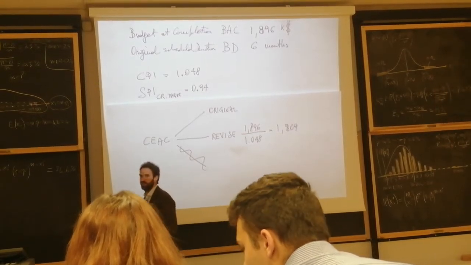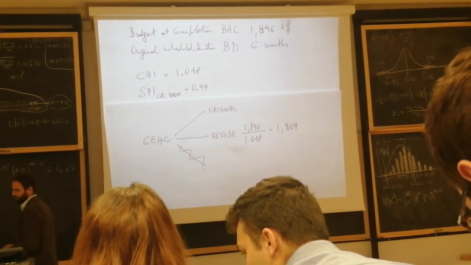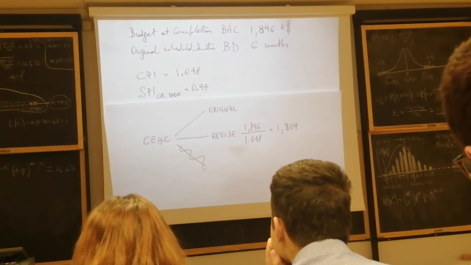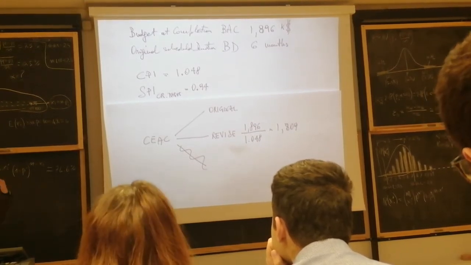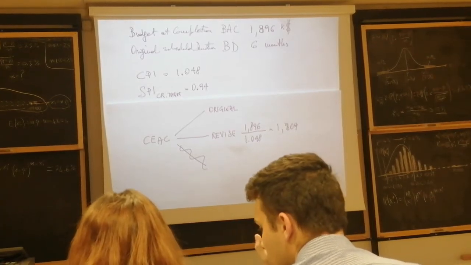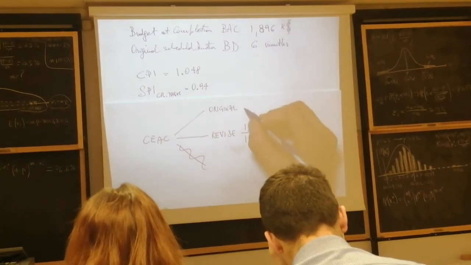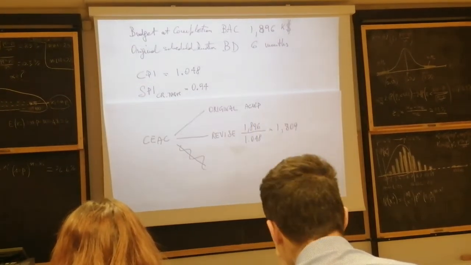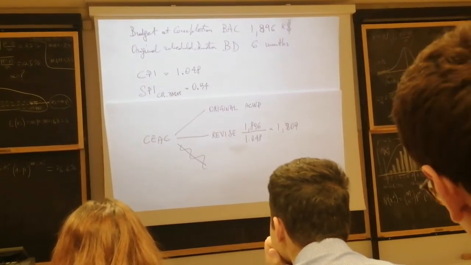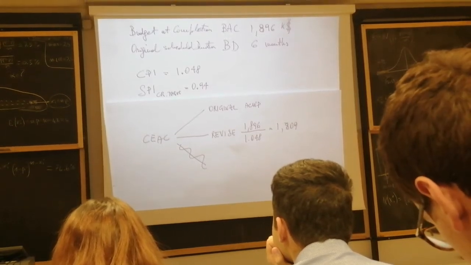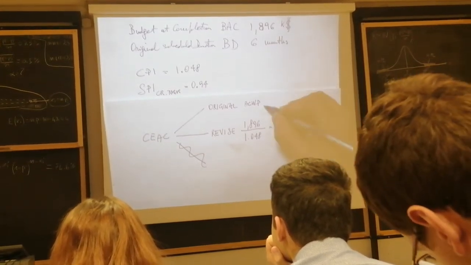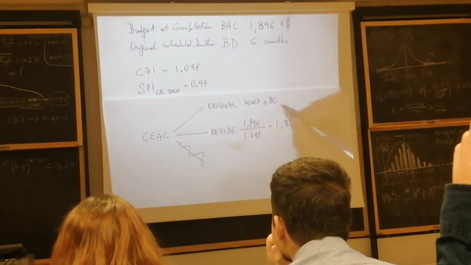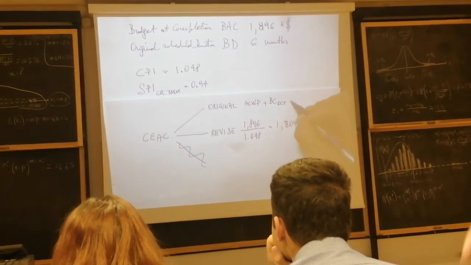you do what? The actual cost we have incurred so far, because we can't go back. And how much is it? So it's the actual cost of work performed so far, plus the budgeted cost for October, plus what?